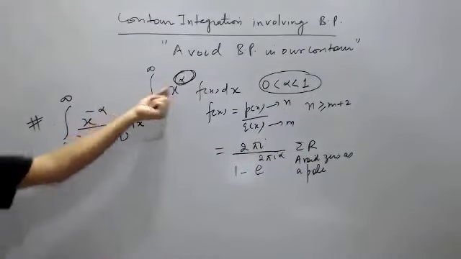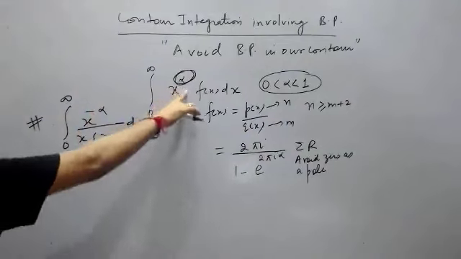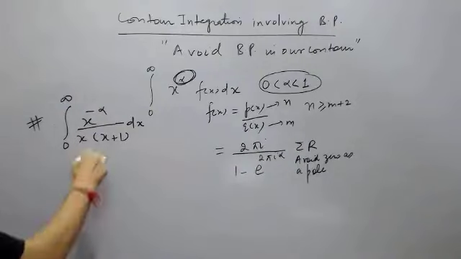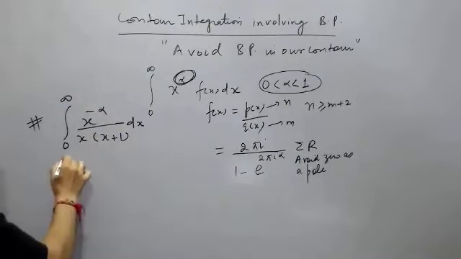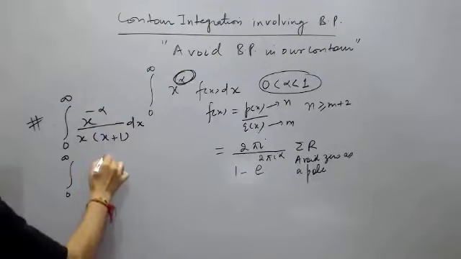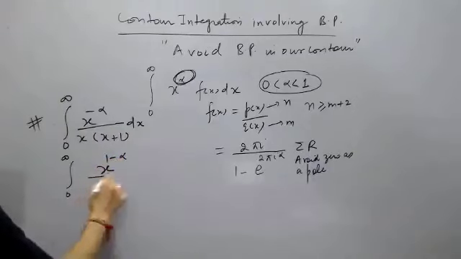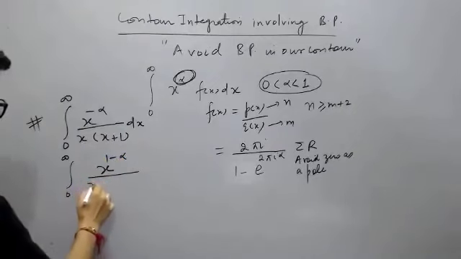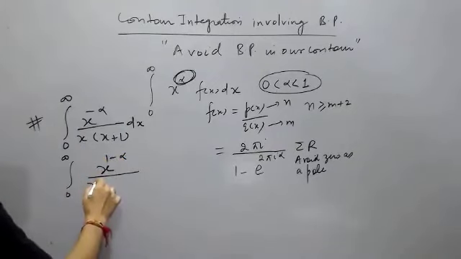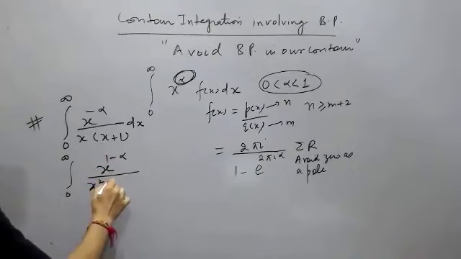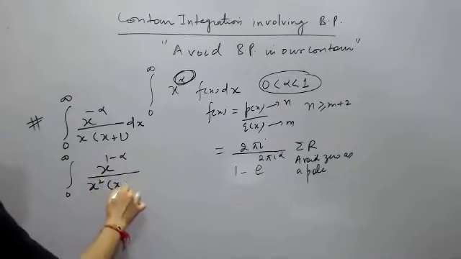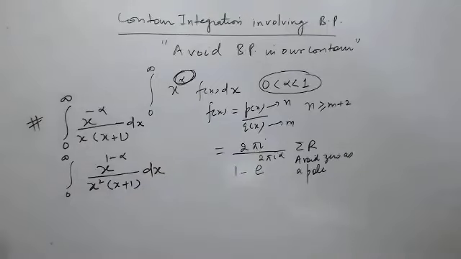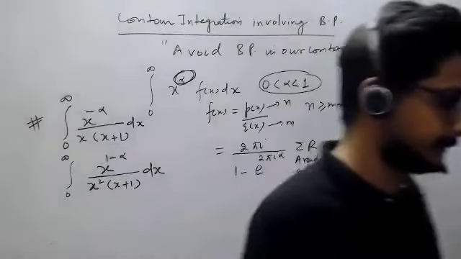Suppose it is half. Here it was half, here it is minus half, correct? So I will change this problem. I will write here 1 minus alpha upon x squared, (x plus 1) dx. Please check. Is this correct?